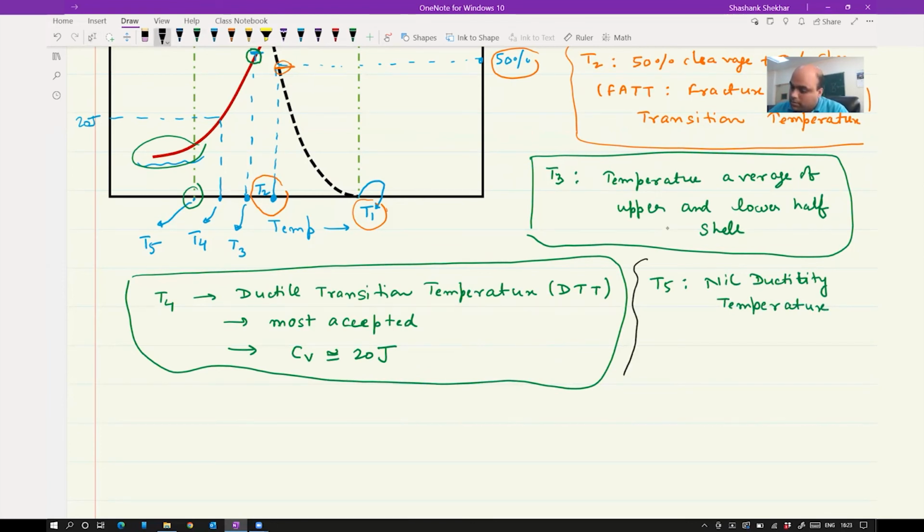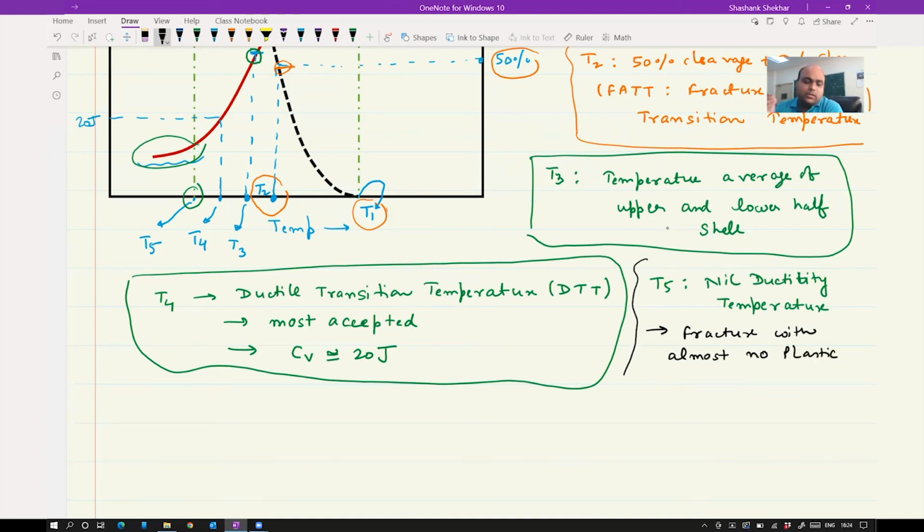Okay, so here you are going to observe no prior plastic deformation. So fracture with almost no plastic deformation.